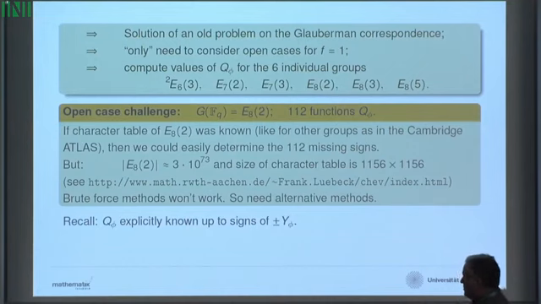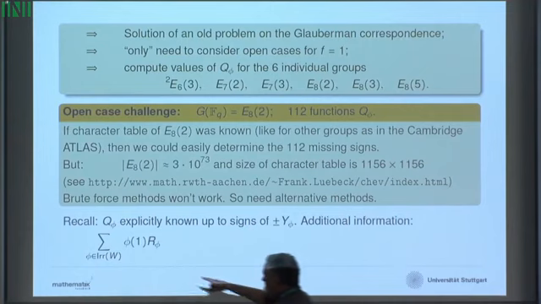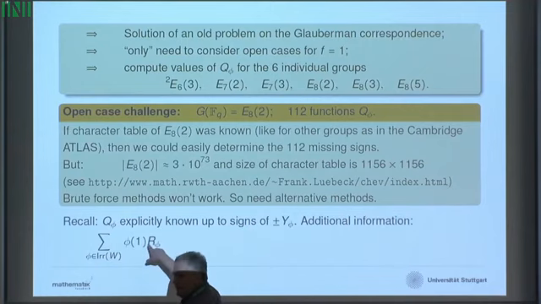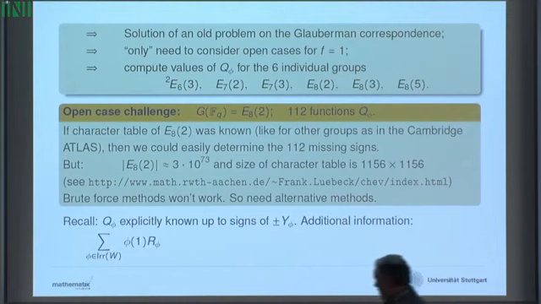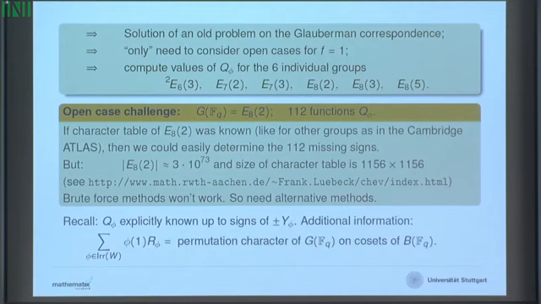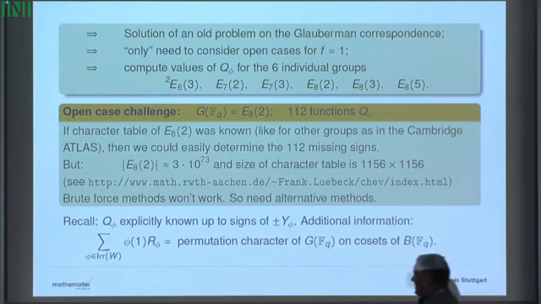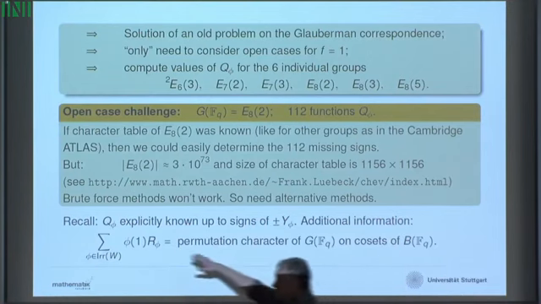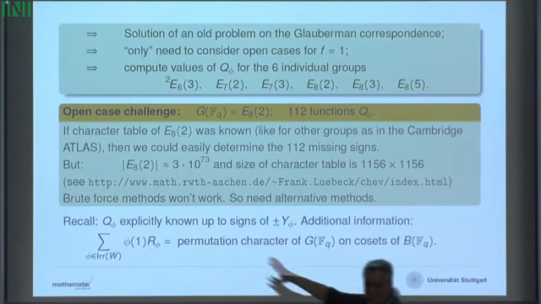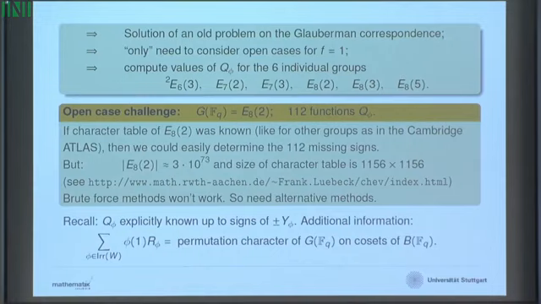And there's one additional relation which did the trick finally, namely if we sum all these R_phi's that we want to compute over all irreducible characters, then this sum is just the permutation character of our finite group on the cosets of this Borel subgroup. So this is a relation at least. If we can manage to compute this, then maybe we get some conditions which help us. This sounds first a bit unlikely, but in the end it does the trick.